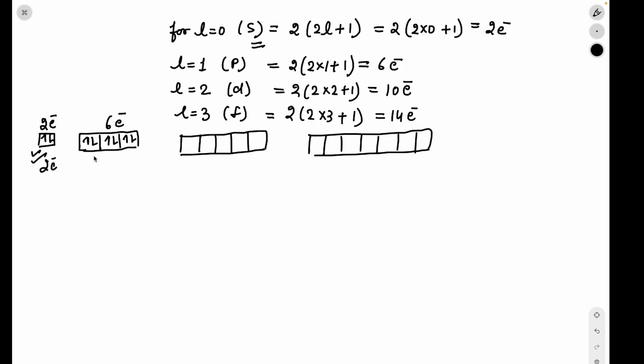And this is D: there are a total of 5 orbitals and each orbital can hold 2 electrons, so the total will be 10 electrons. And this is the F subshell, the total number of orbitals in F is 7 and each orbital can hold 2 electrons, so there are a total of 14 electrons.